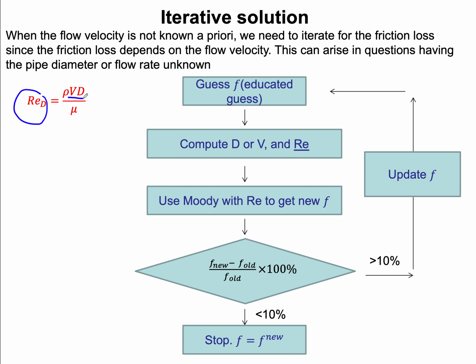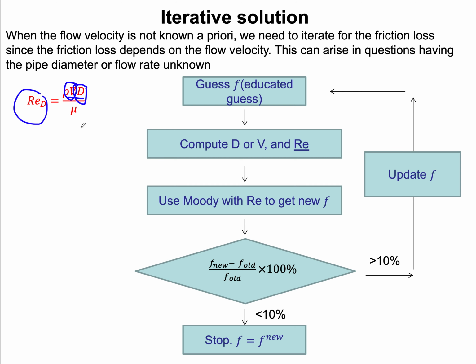But there are design problems or off-point analysis problems where you don't know, so you're asked to find the diameter of the pipe, to design and spec what diameter you should get, or where your velocity is unknown and you need to get it, just like we had in the previous example.